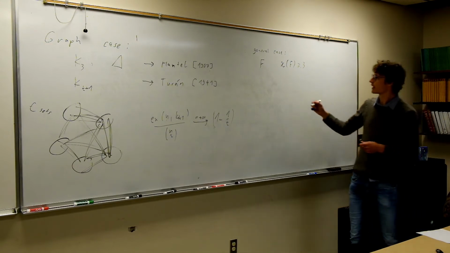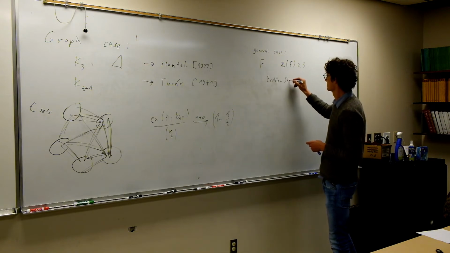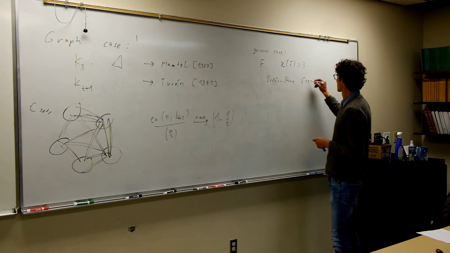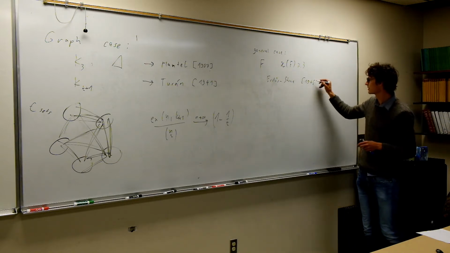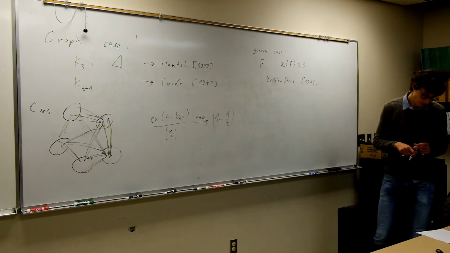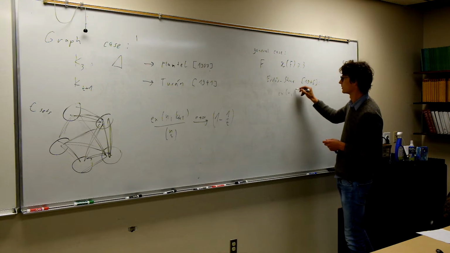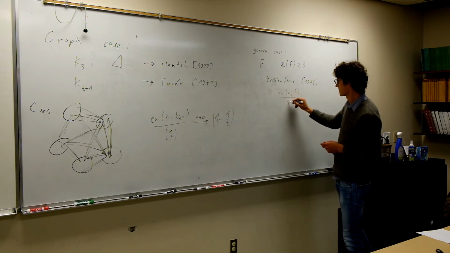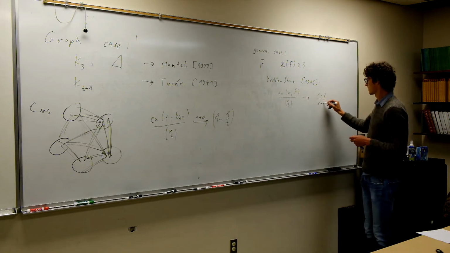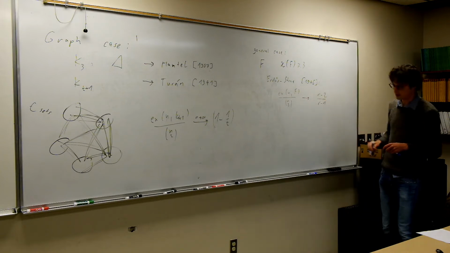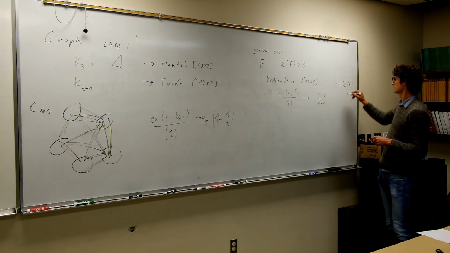And therefore, we have Erdős and Stone, 1943, I guess, 46. And they showed that this value goes to this if r is the chromatic number.